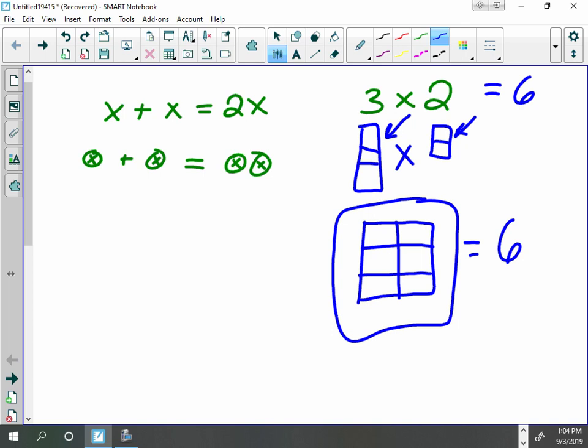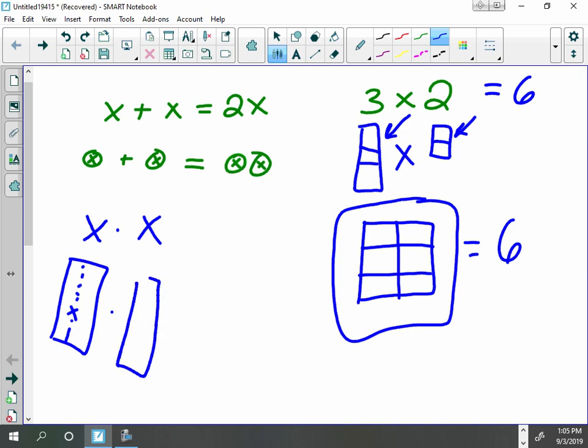Okay. Well, how would you do x times x? I have a kind of an unknown, right? I don't know how big that is. It's just x, and it could be any number you plug in. And then on the other side, I have the same thing. And what kind of result comes out of that? X squared.